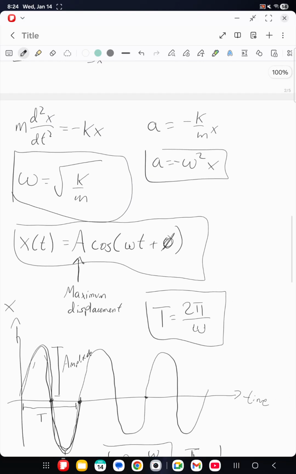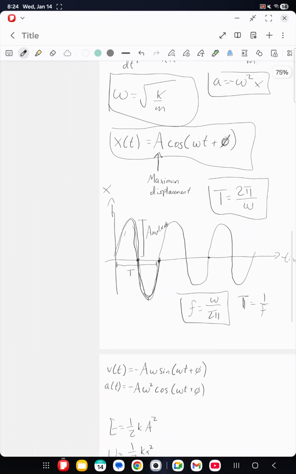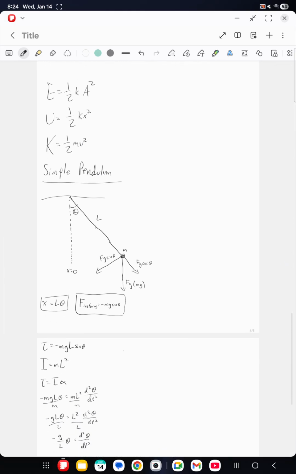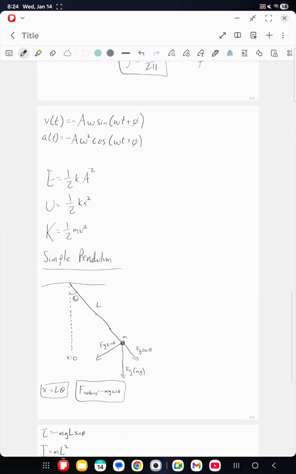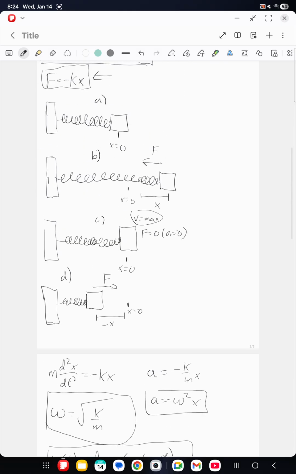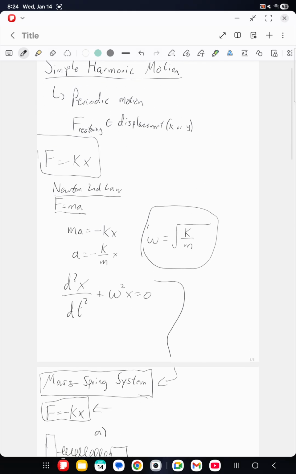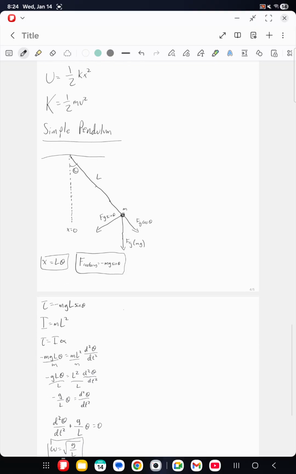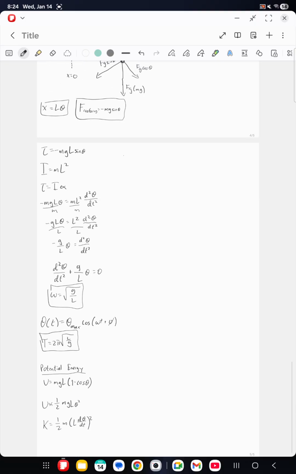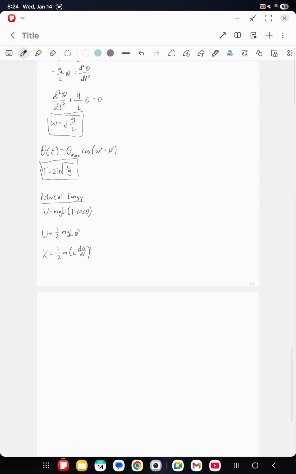We talked about how to derive multiple equations of motion, velocity, acceleration, energy, and a couple of graphs of the simple harmonic motion of the mass spring system and the pendulum.